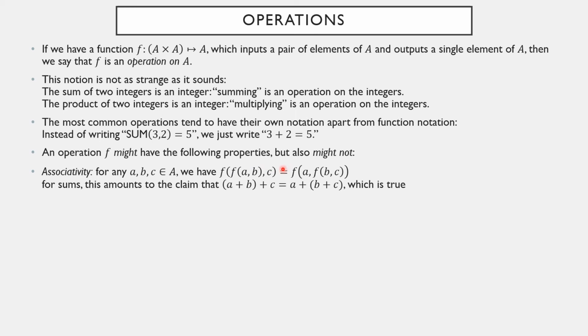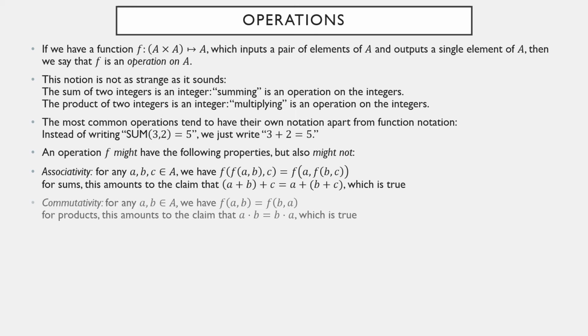That will be the same thing as if I had first acted on the second pair of numbers, producing a different thing, and then act on A with it. In summation, for example, first add A and B and then add the third one, or first add B and C and then add the first one. If that result is always the same, it's called associative, and for sums, the associative property is true.